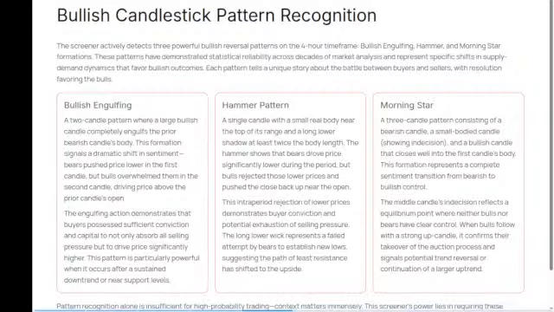These patterns are very important. So just remember these three candlestick patterns. Very important.